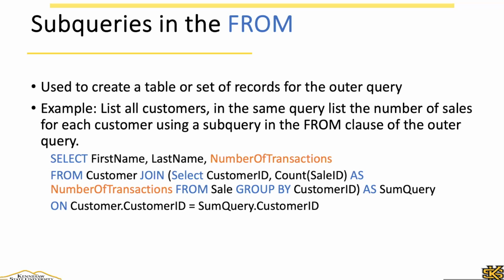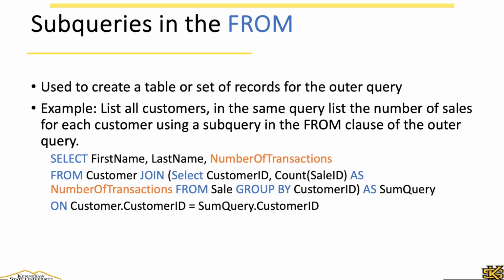This subquery is given an alias, such as sale summary. So when we perform the join, we join on the common field, in this case the customer ID, to link the outer customer table with the result of the subquery.